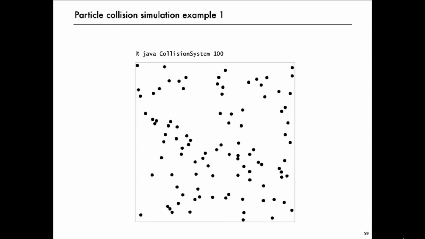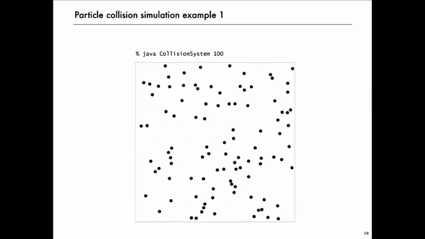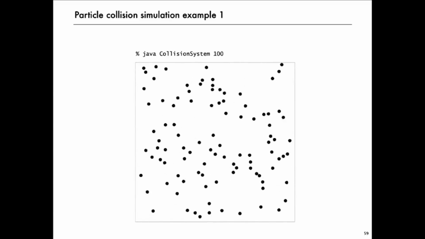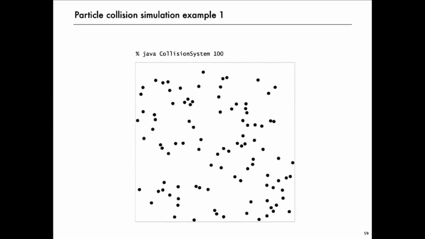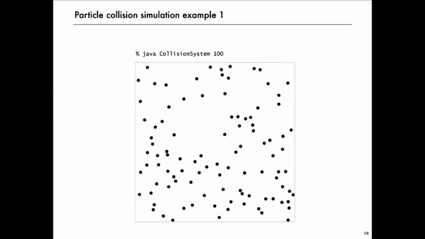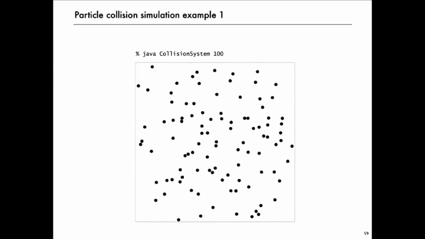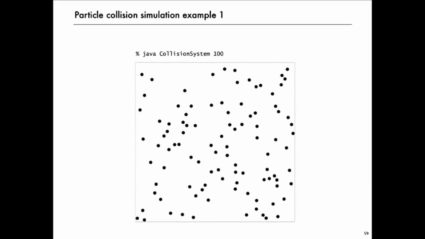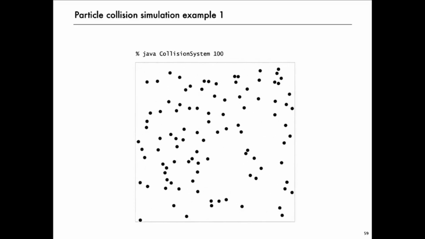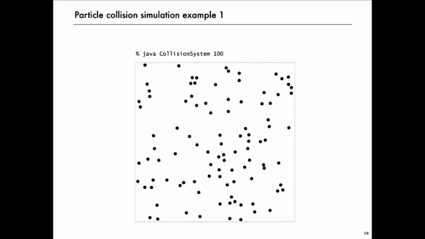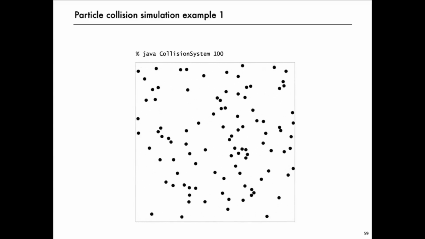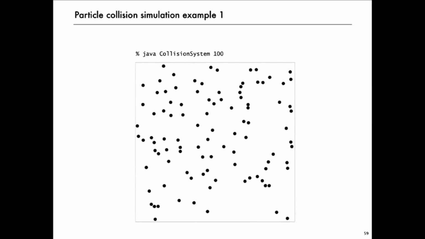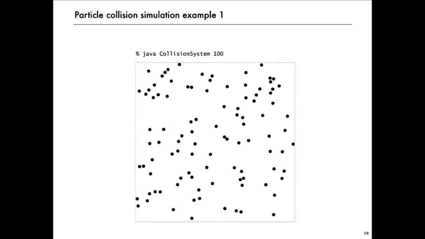This is event-driven code. One thing we can do is run it for 100 balls in random positions at random velocities. What's nice about event-driven code is that once it's working, and again, we're not saying this is trivial code to write, but it's definitely manageable, and it's enabled by priority queues.